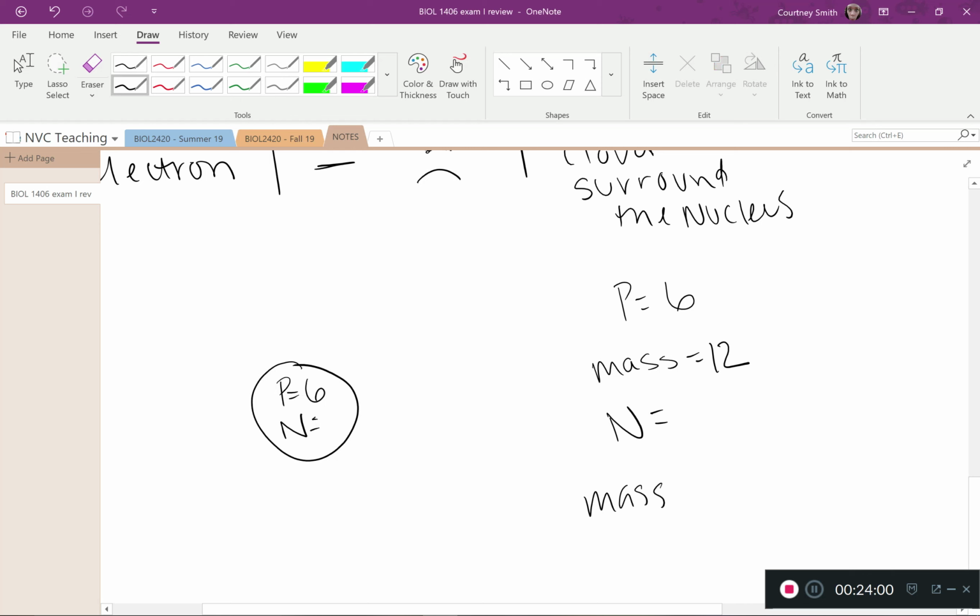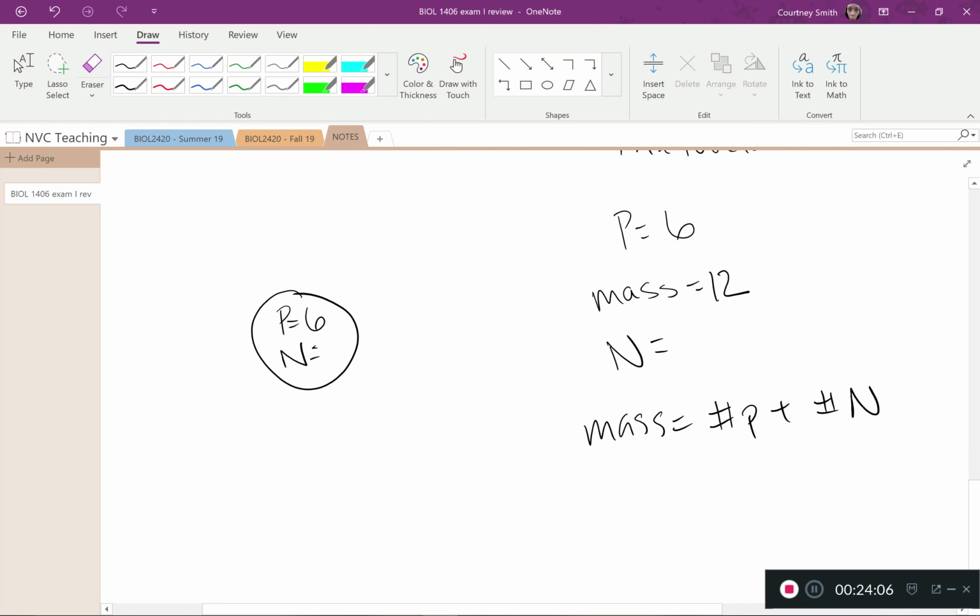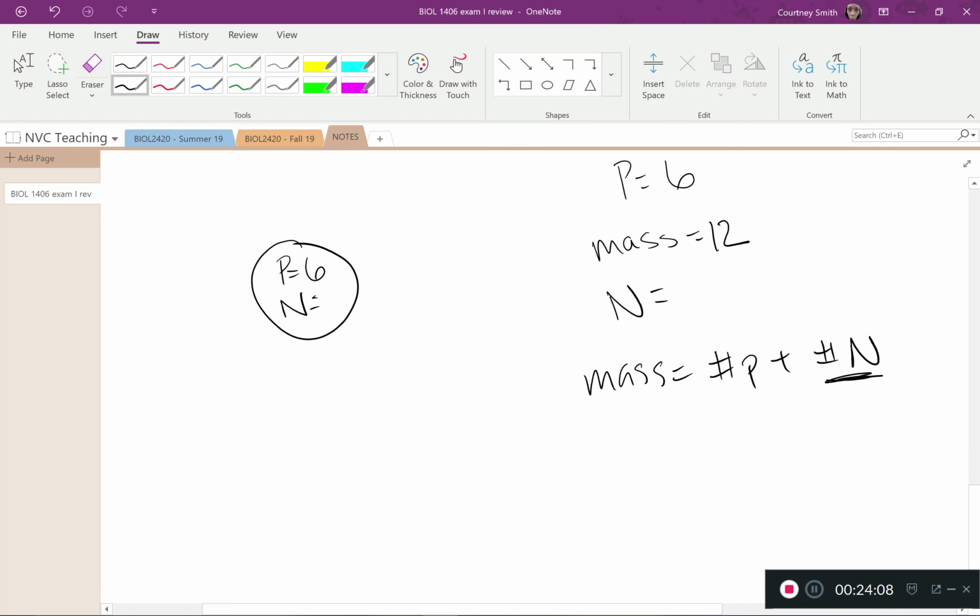So mass equals number of protons plus the number of neutrons. Let's solve for neutrons. Mass is 12. Protons is 6. That means neutrons equals 6. So we have 6 neutrons as well.